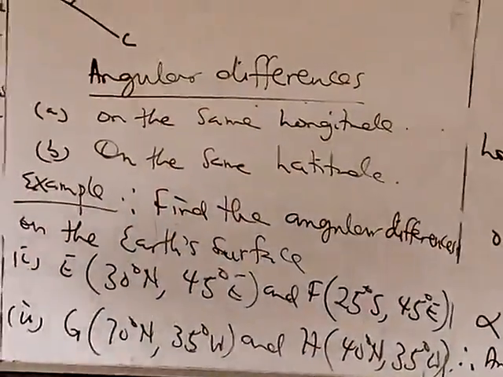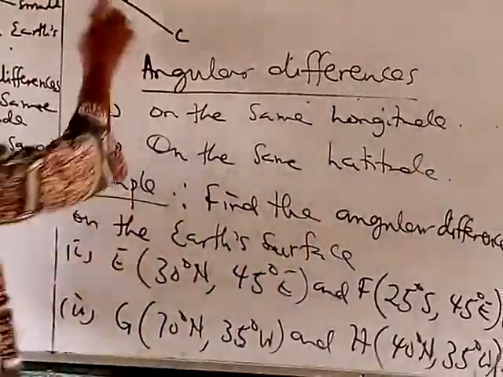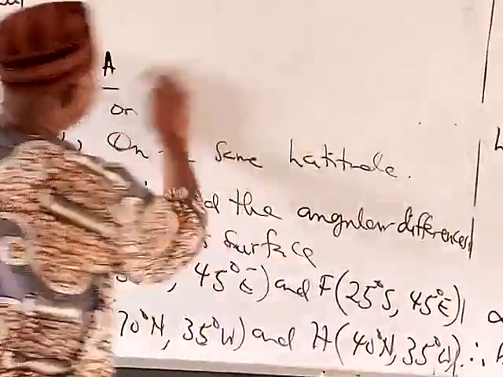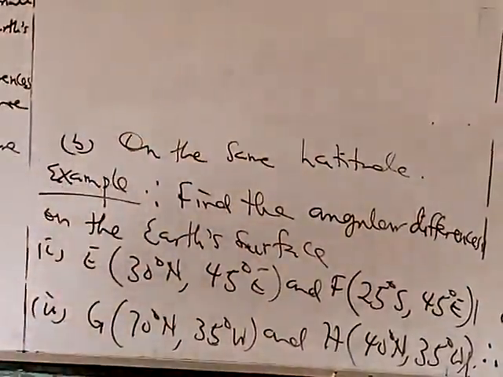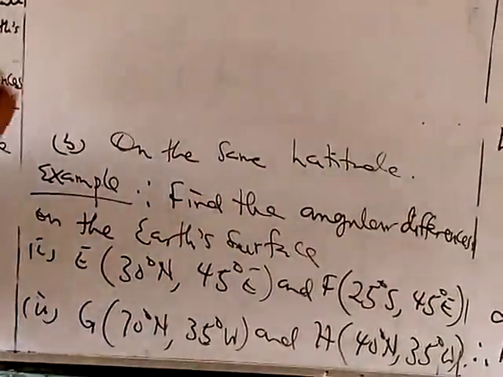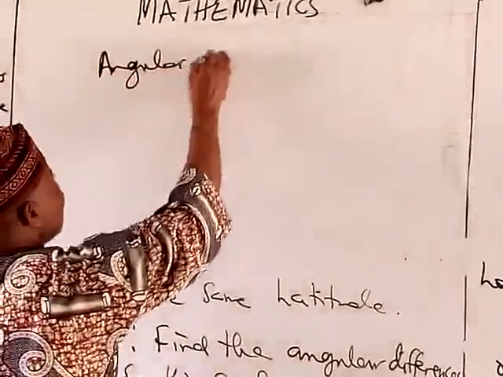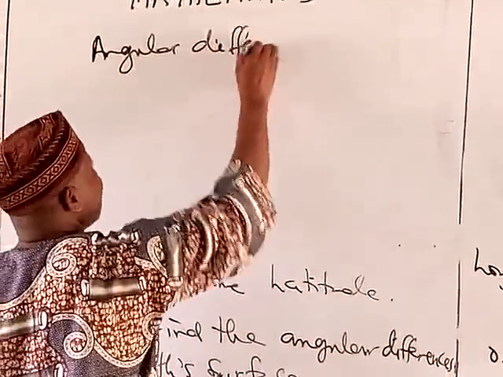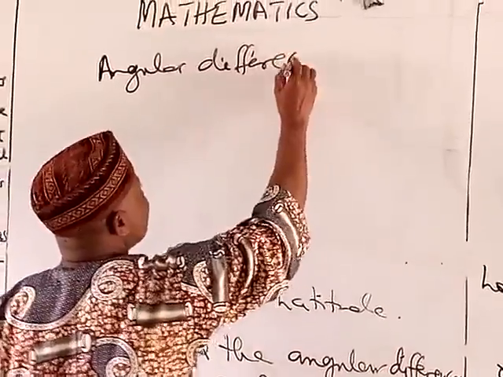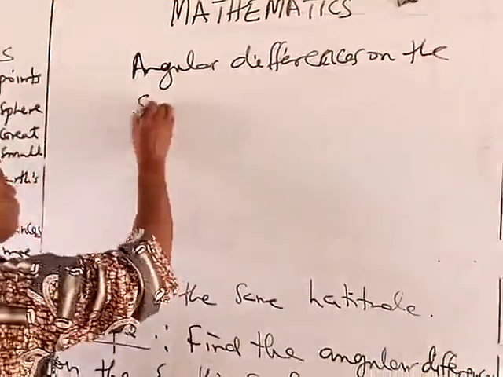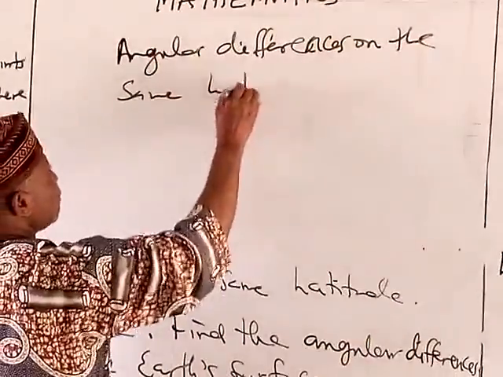For the B part, angular difference on the same latitude.